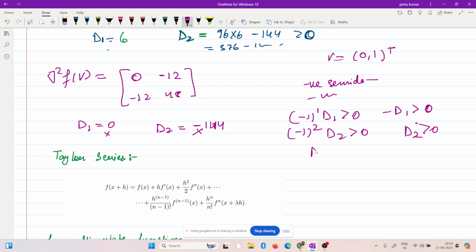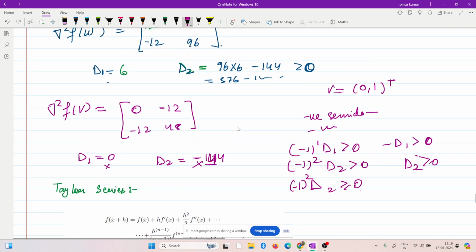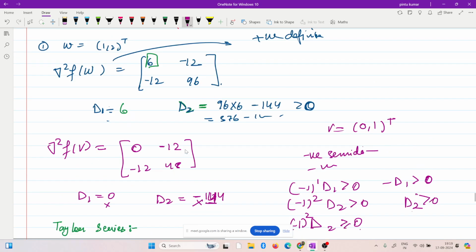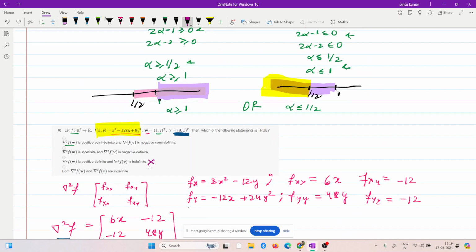So this condition will not be satisfied, because for one of them we have already got a negative value. That's why the second term is indefinite.